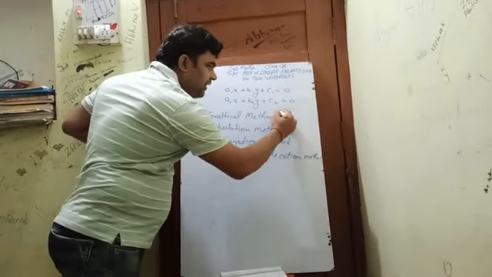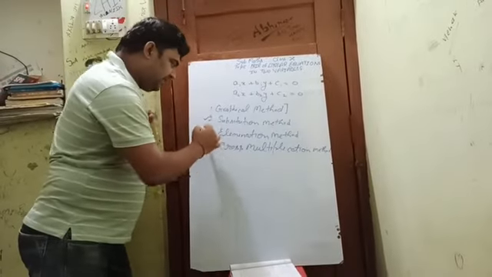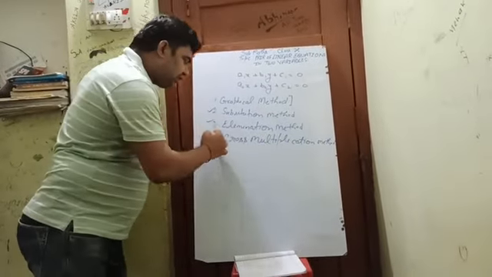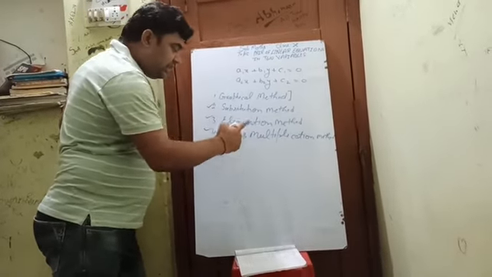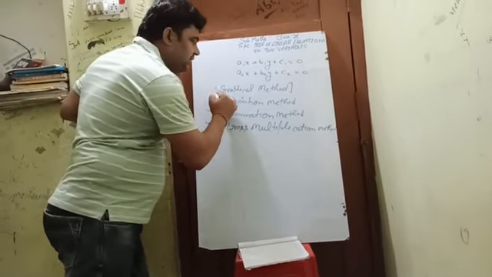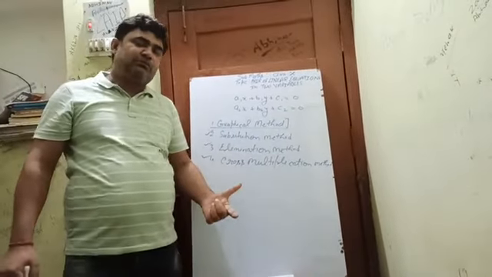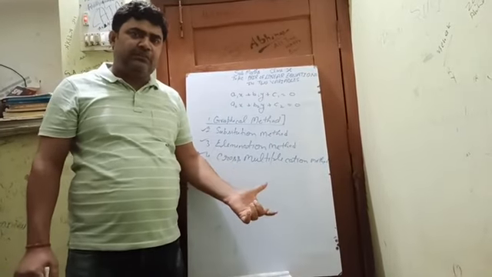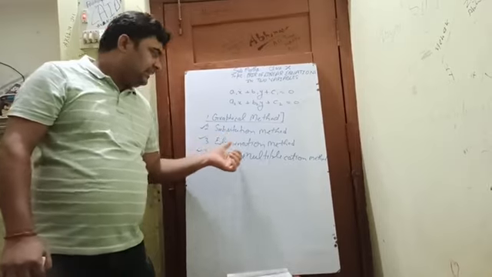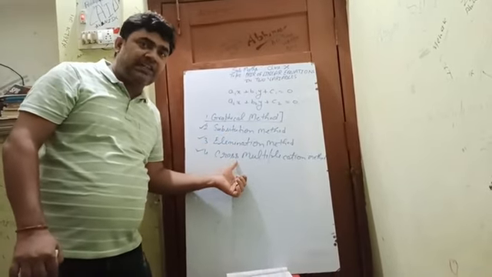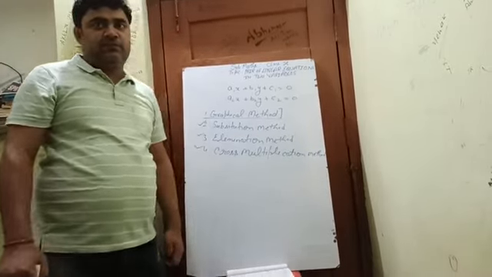First I will tell about the substitution method, then elimination, cross multiplication, and in the last I will complete the graphical method. So there is no need to ask when I will start 3.1 or 3.2. Clearly I am telling you the order.